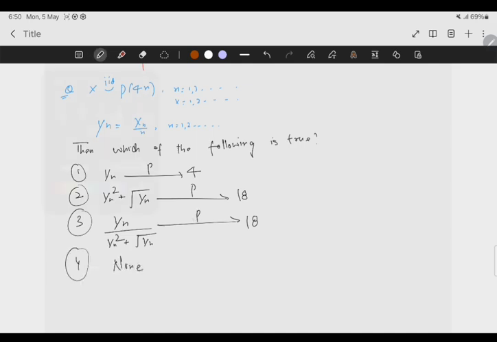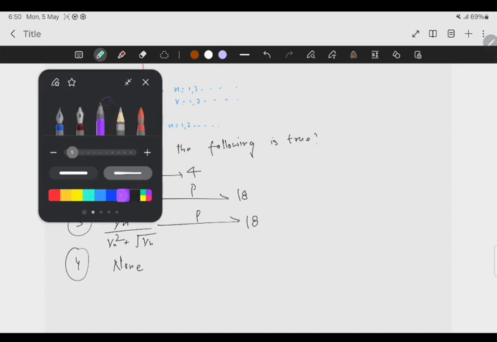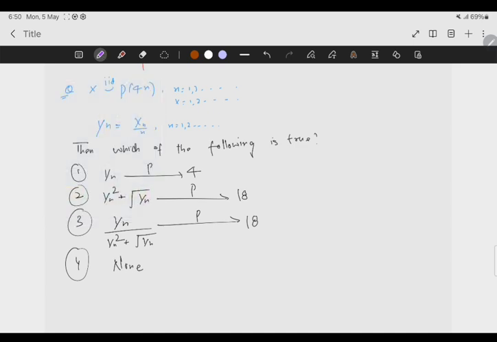See, as you know, when X follows Poisson 4n, then expectation of X will be 4n, and variance of X will also be 4n. As you know, mean and variance of the Poisson distribution are equal. Then what's expectation of X square?